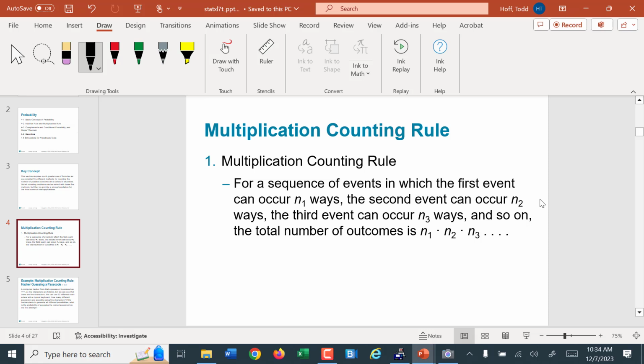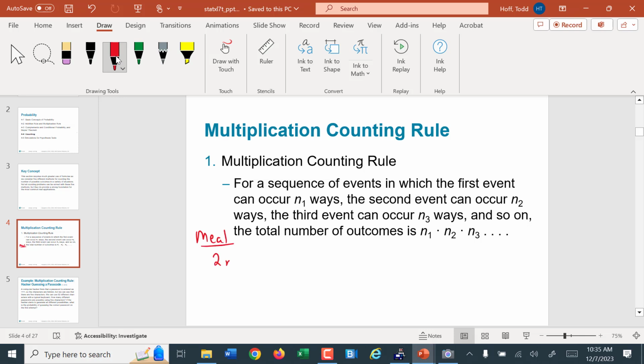Now, the multiplication rule is simply saying if I have different things that I need to select and I have a number of choices for each of them, I multiply that number of choices together to get the total number of options. For example, let's look at a meal.